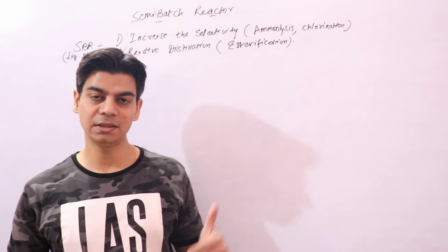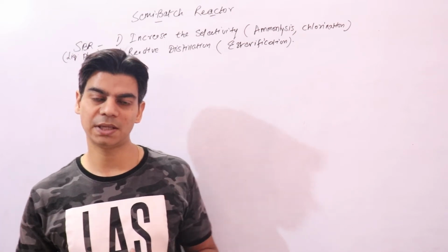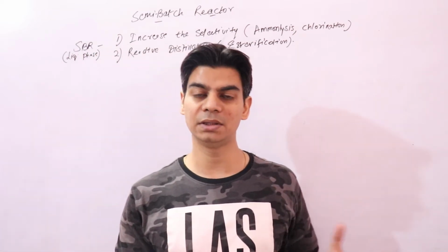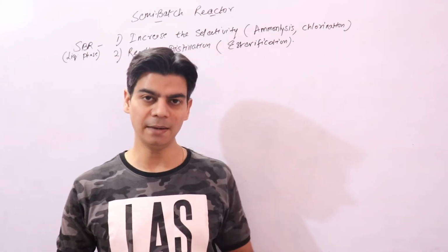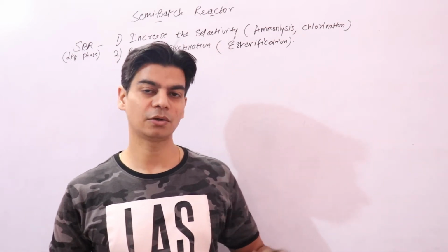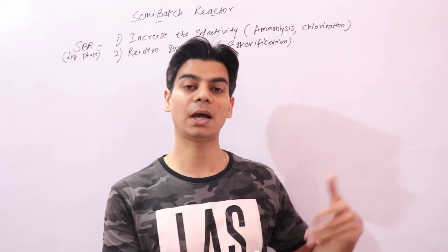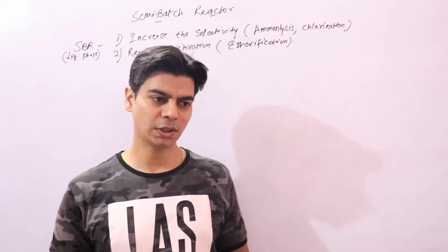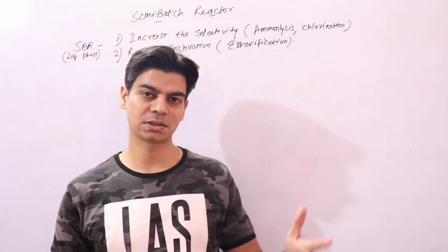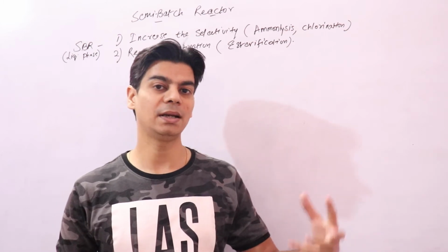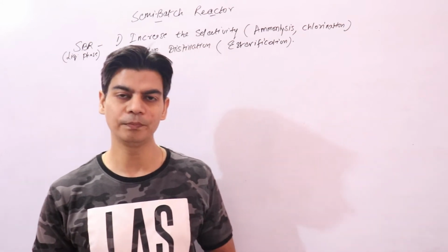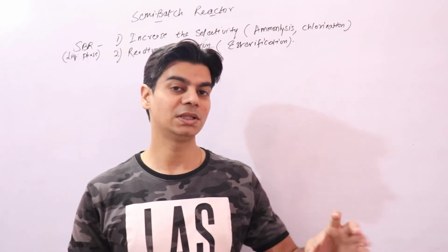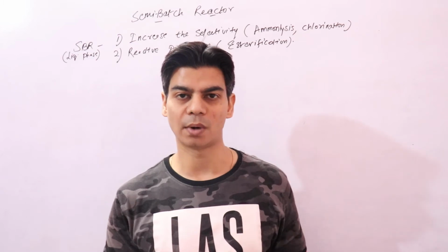Now, saying that a semi-batch reactor helps to increase the selectivity means that it helps us lower the rate of the reaction giving the undesired product. So the undesired product is formed in a minimal quantity or no quantity, or the desired product is formed in a larger quantity.